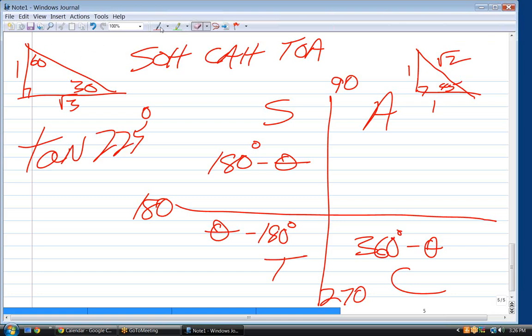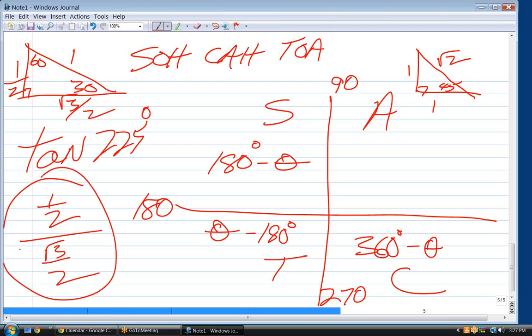In other words, if I change my ratios to do what you suggested, okay? Now, if you try to figure out the tangent of 30 degrees, you're going to have to take 1/2 divided by root 3 over 2, and then go through all the algebra to figure out what that is.